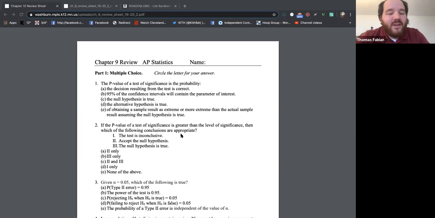Yes, p-value. That's definitely the definition of it, right? Trying to see if it's as extreme or more extreme than the actual sample, assuming that the null hypothesis is true. Very nice. 1 point for team one.